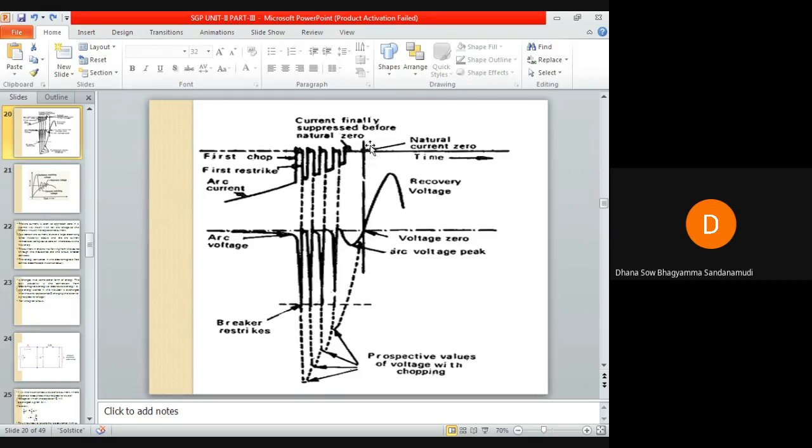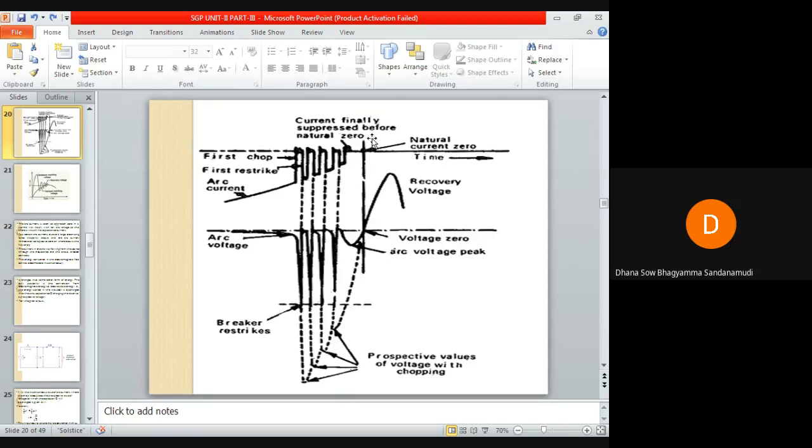This is the natural zero point. Before the natural zero itself, the current is suppressed. After a few intervals, these are all the prospective voltages, which are gradually reducing as the magnitude of the restriking arc current is reducing.